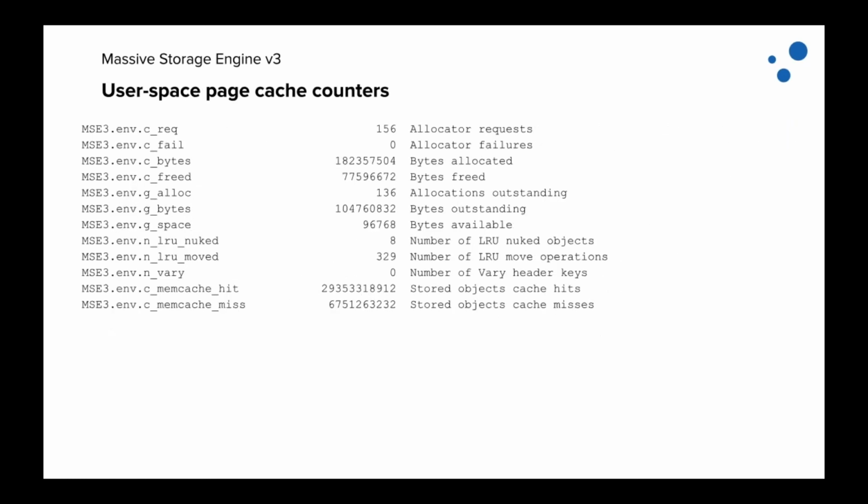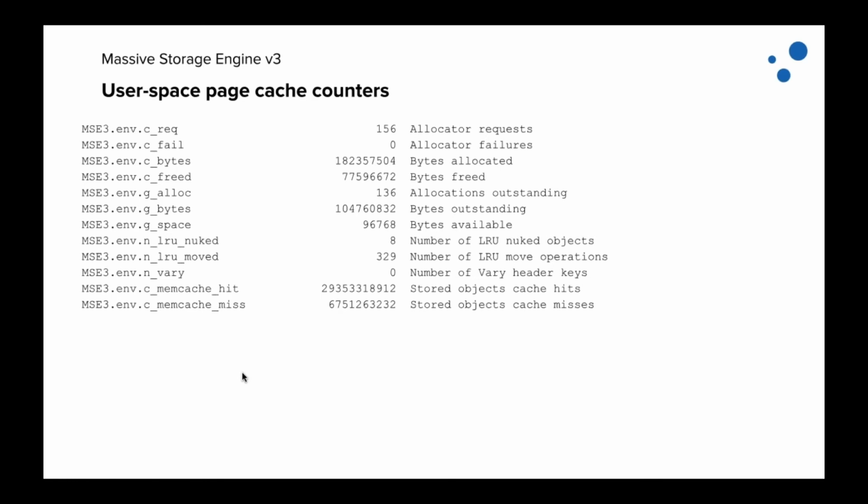On the user space page cache side, there are some other counters as well. I'm not going to go into the first ones in much detail, but you will see that they mimic very closely what you are used to seeing from the regular vanilla malloc stevedore. But the very last two are interesting, and this shows how the middle fast system memory cache of yours is performing.